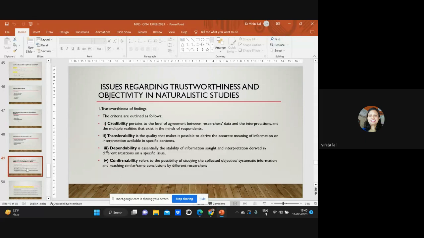Number one is credibility. Credibility is the level of agreement between the researcher's data and interpretation and the multiple realities that exist in the minds of respondents. Second is transferability. It is the quality that makes it possible to derive the accurate meaning of information from the interpretation available in the specific context.